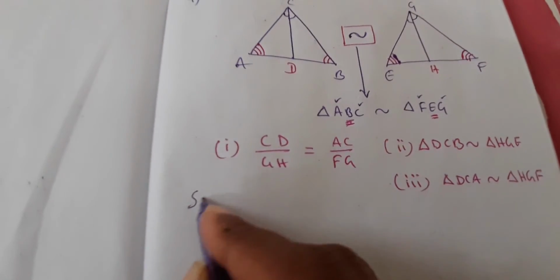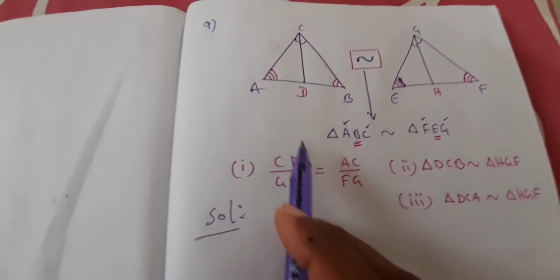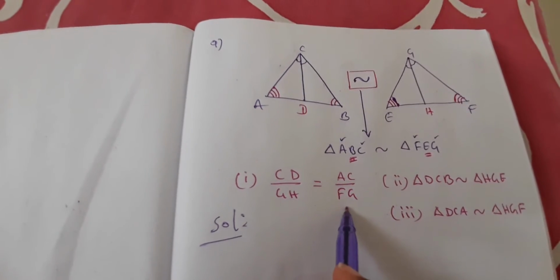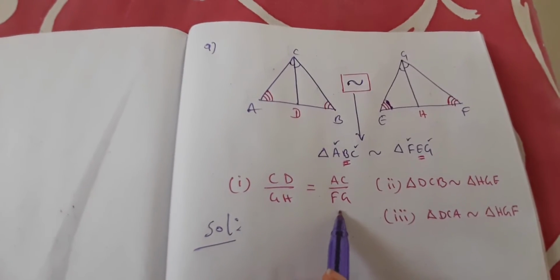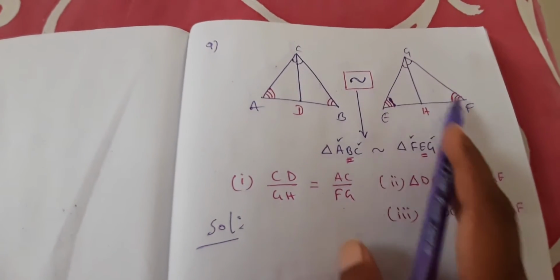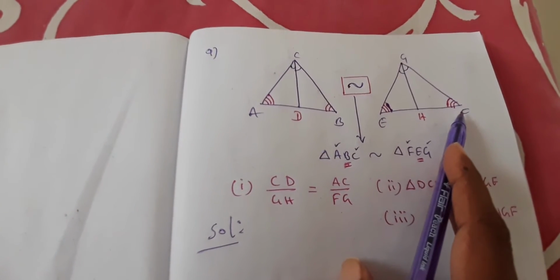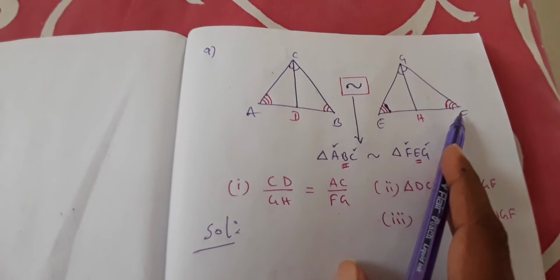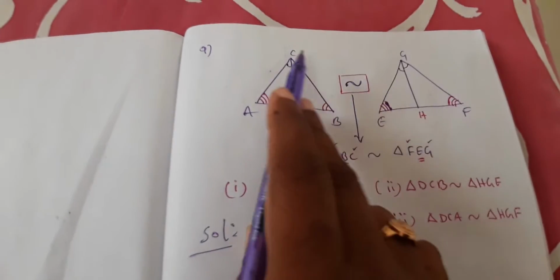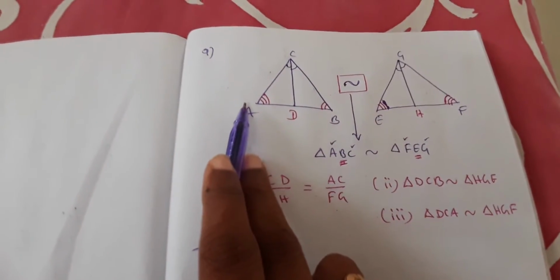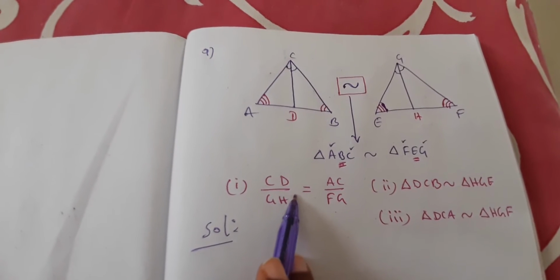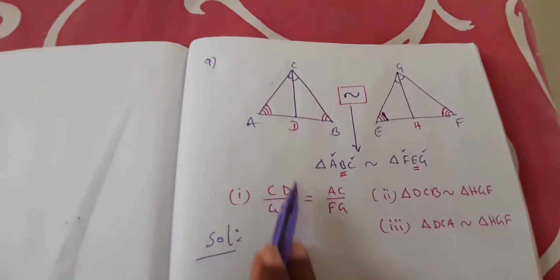So what is the solution? First one, CD by GH is equal to AC by FG. So what is that? What are involved? FG is involved. Right? FG is involved. AC is involved. Right? GH is involved. And CD is involved.